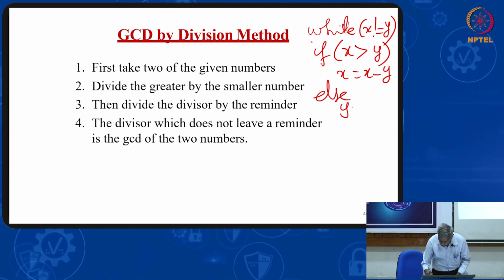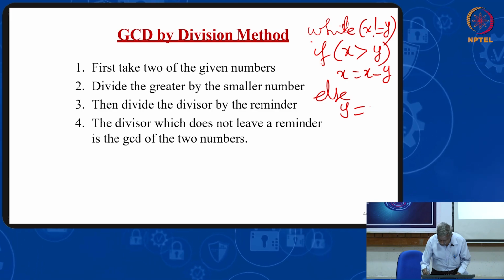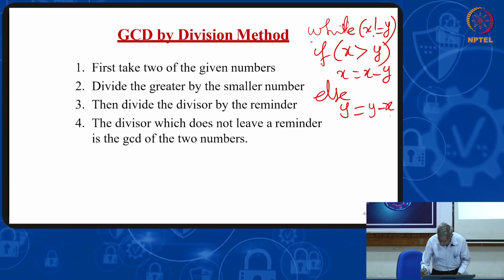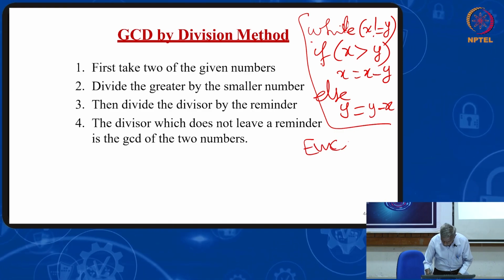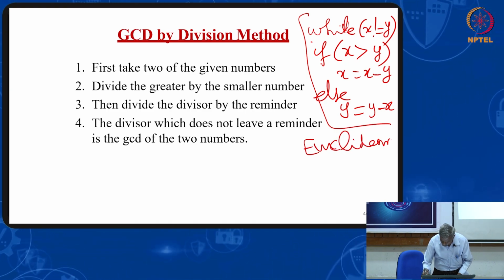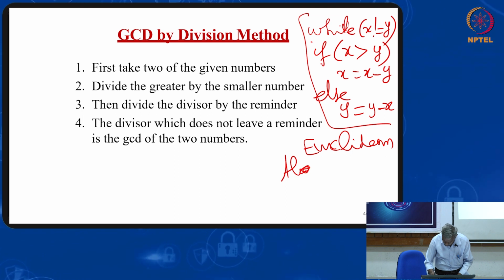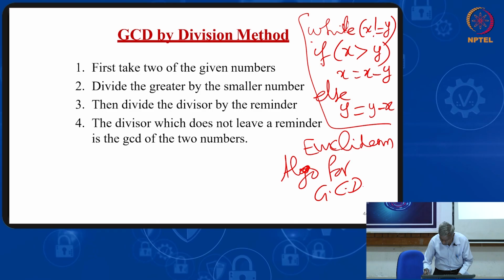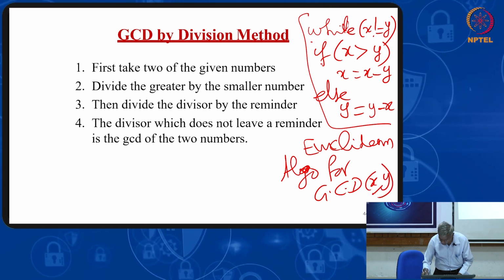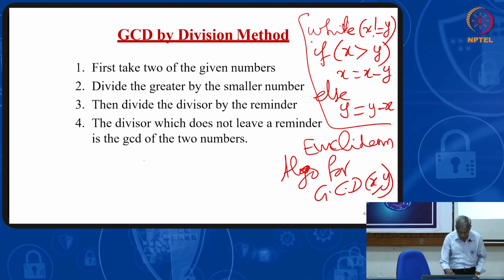Else y equals y minus x. This algorithm is called the Euclidean algorithm, or GCD between x and y.